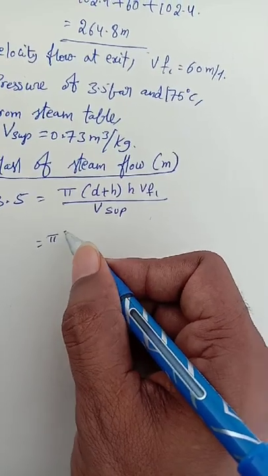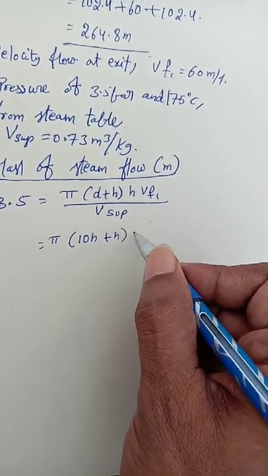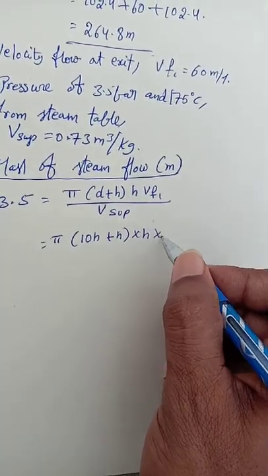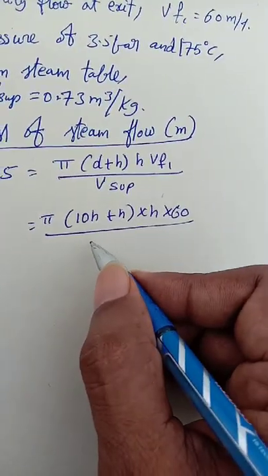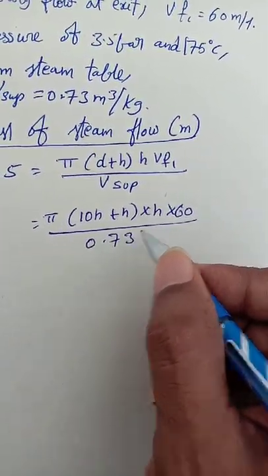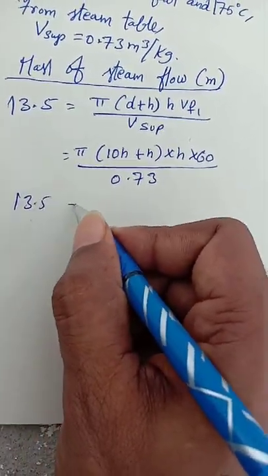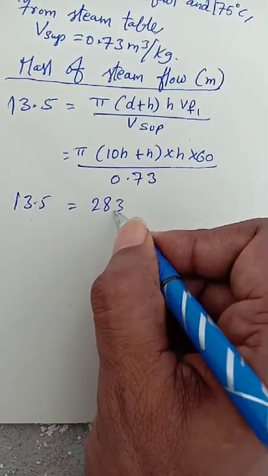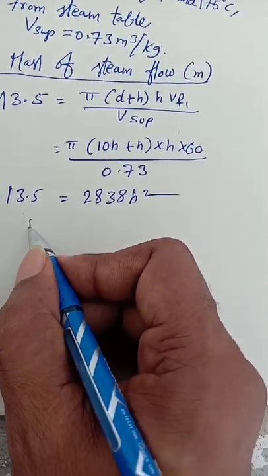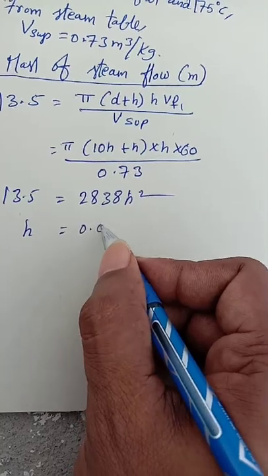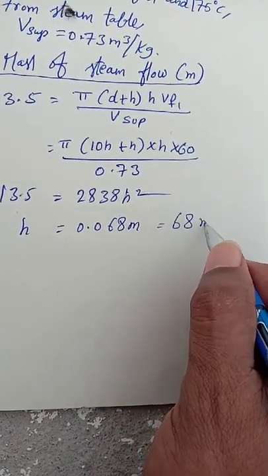Now then substitute this value, 10h plus h into 60 divided by 0.73. Okay, now 13.5 is equal to 2838 h square. Now h is equal to 0.068 meter, that it will come 68 mm.